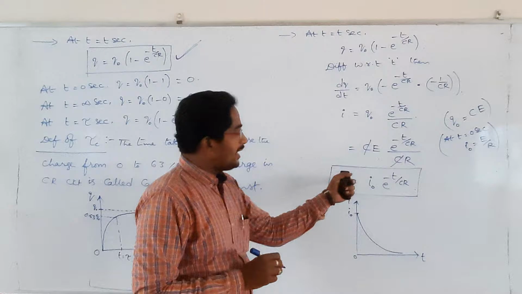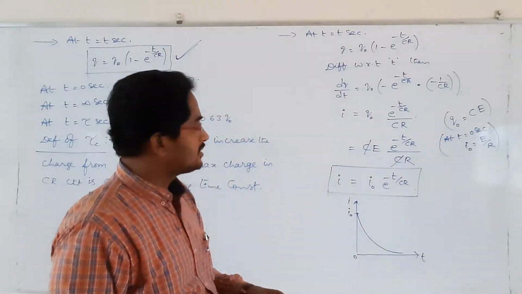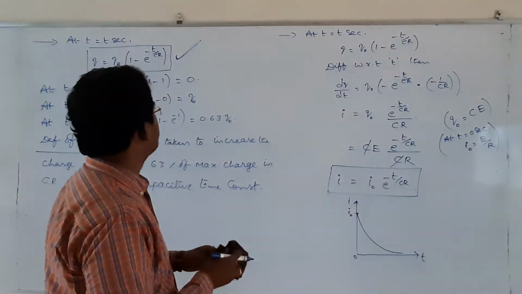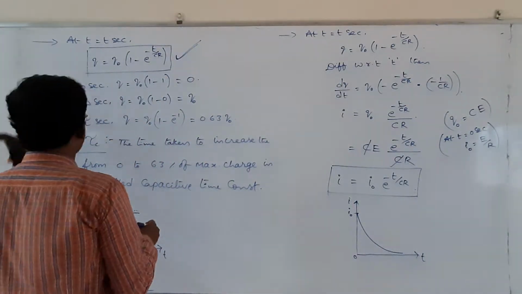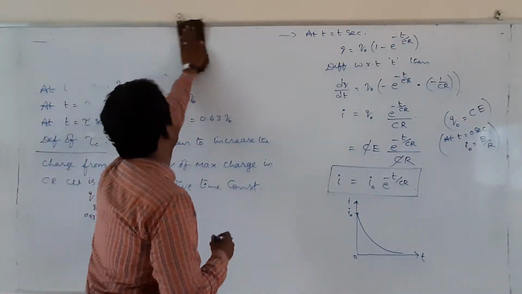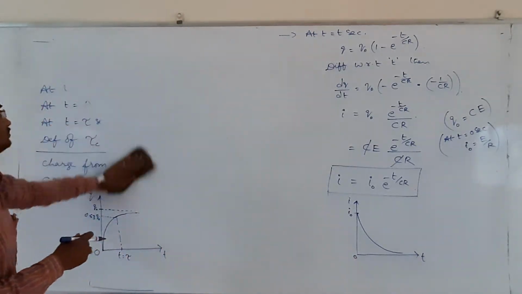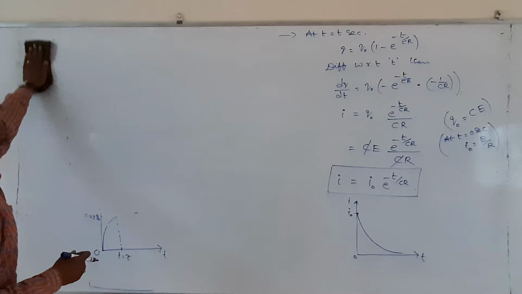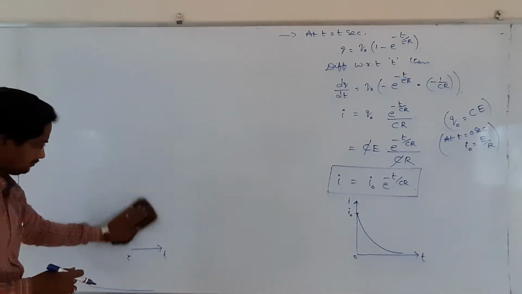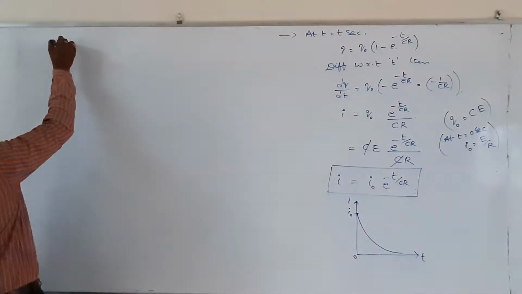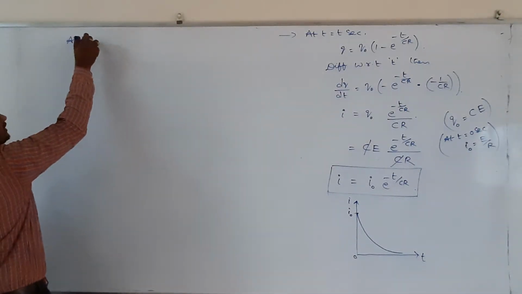And I want to get the graph shape of ln I against t. How to get that? See here. Take the equation of current at t equal to t seconds.